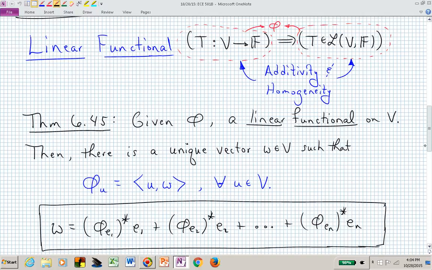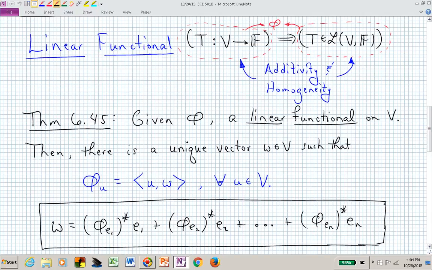To recap what we had talked about last time, here is that theorem, 6.45, that I had referred to, relative to a linear functional. A linear functional really is a linear map from some vector space V into the scalars, where the scalars could be either the reals or complex numbers.